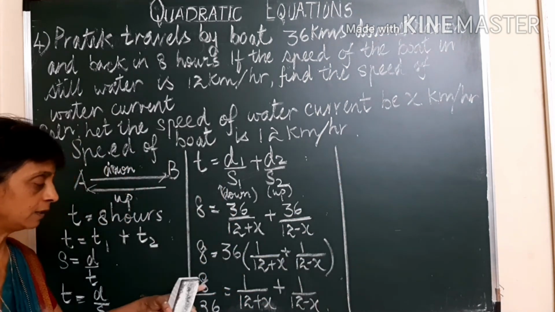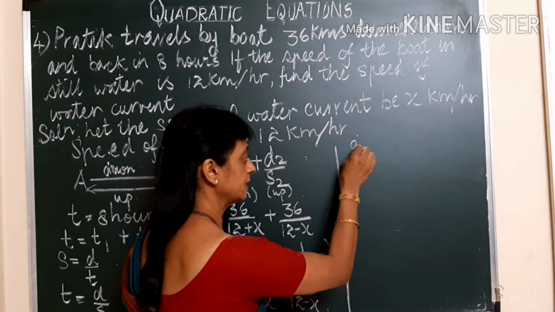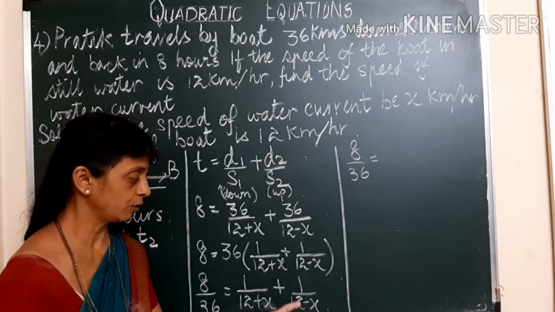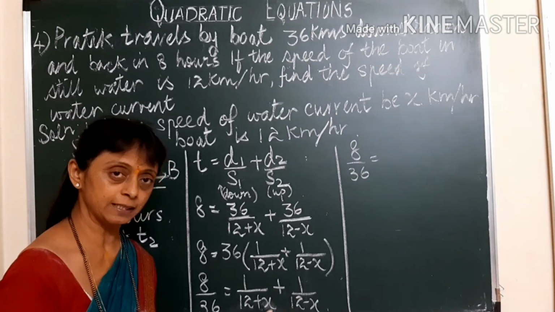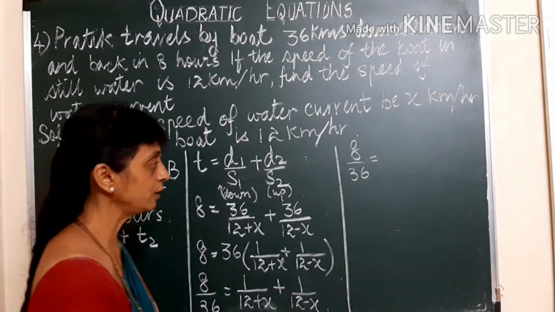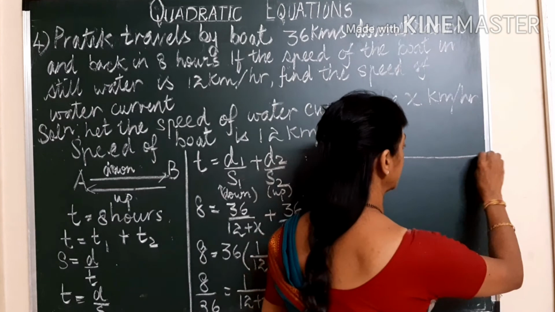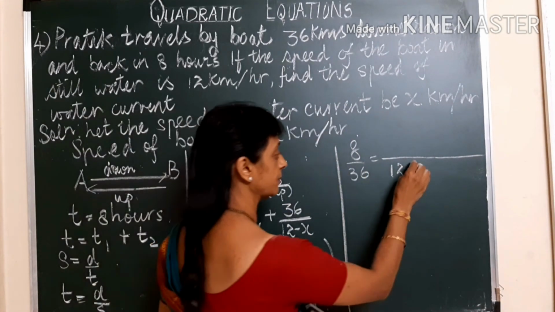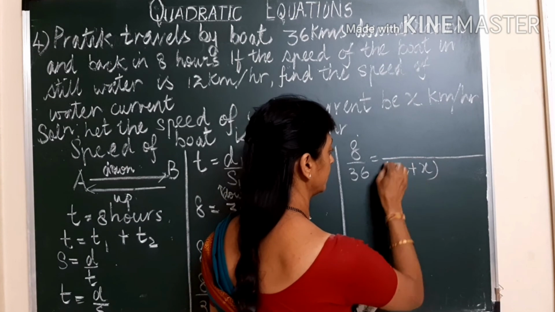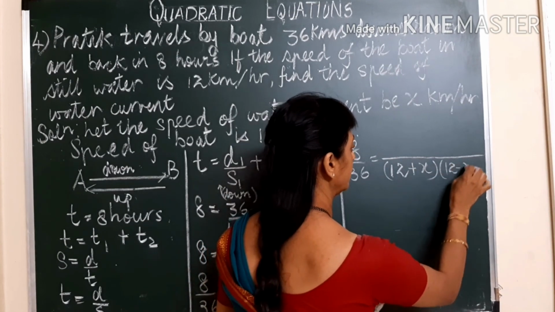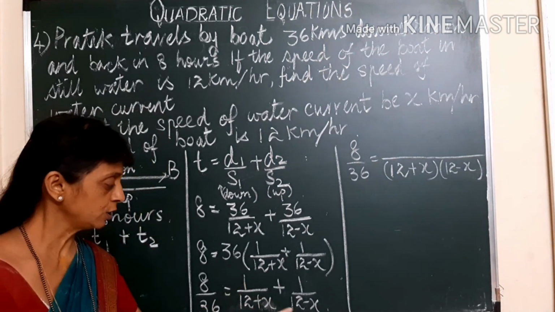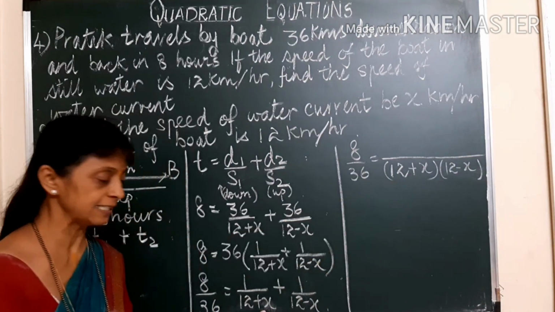Let's solve it further. 8 upon 36, which will be equal to, here you cross multiply and multiply the denominators. So over here you have in the denominator, that is the LCM, 12 plus x into 12 minus x. Let's look at the numerator. 1 into only 12 minus x.